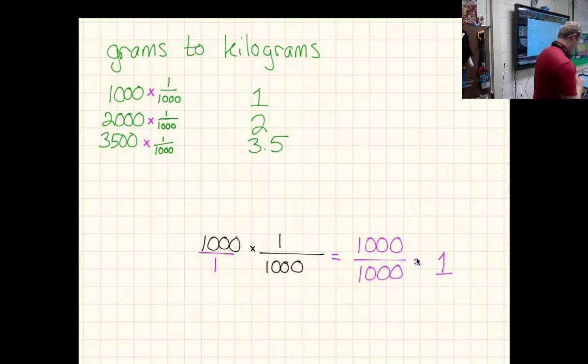So if we're looking at the big picture here, if I take 1,000 and multiply it by 1 over 1,000, I get 1. Now, if this number changes to 2,000, I end up with 2,000 over 1,000. That's like 2 over 1, which is 2. If I take 3,500 and multiply by 1 over 1,000, I get 3,500 over 1,000.